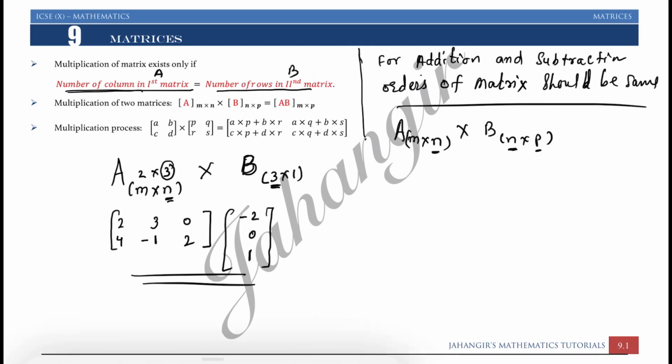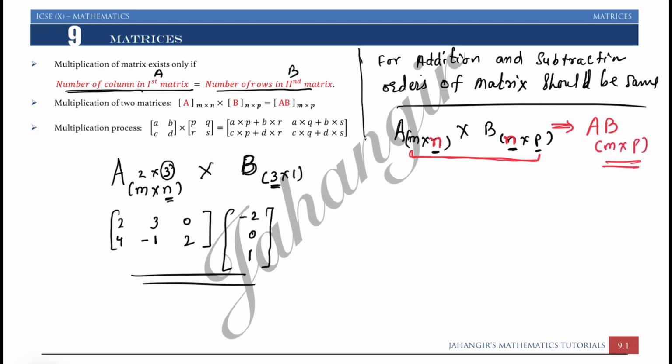Let me write it with a red pen. The product is AB, so the order of AB will be m times p. Whatever m times p is, you will get the answer in this format.